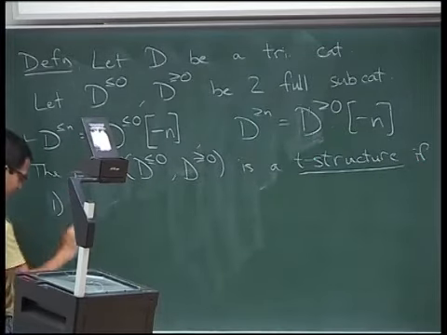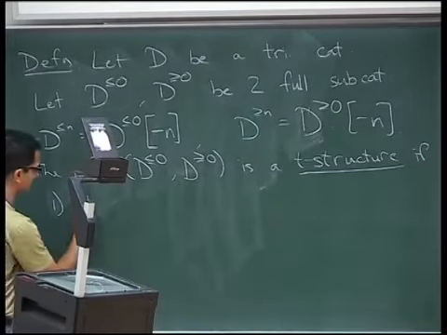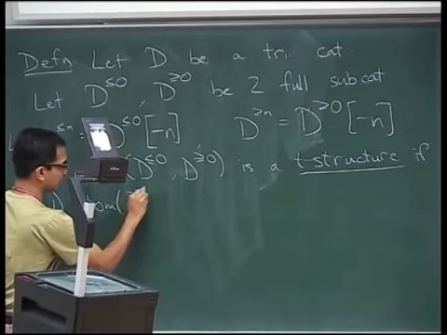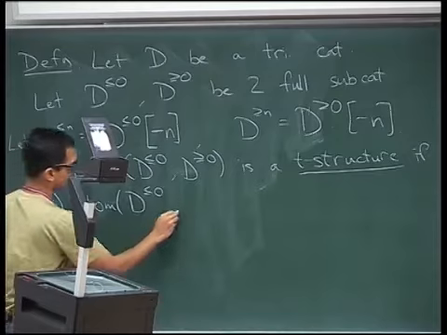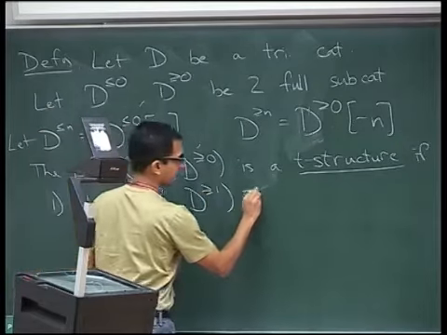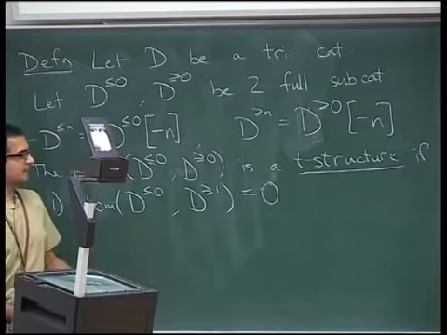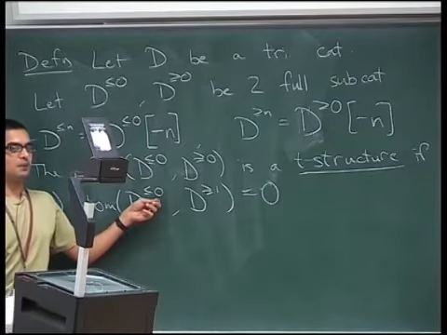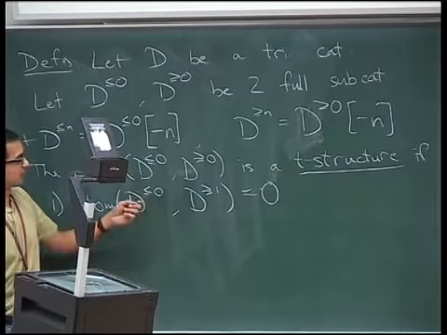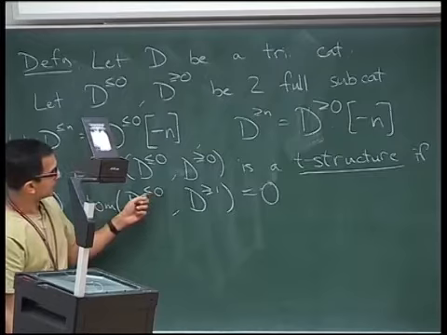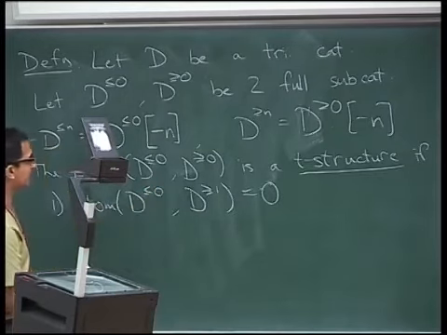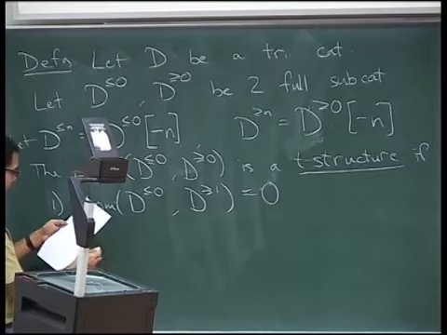The first is that there are no non-zero morphisms between an object of D less than or equal to 0 and an object of D greater than or equal to 1. If you shift a pair of objects in a triangulated category, then the morphisms don't change. So you could change the 0 and 1 to any integer and the integer just after it, and that would be an equivalent condition.